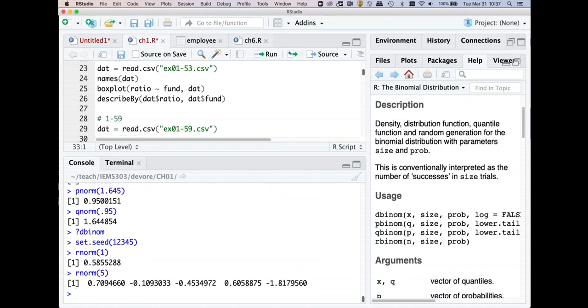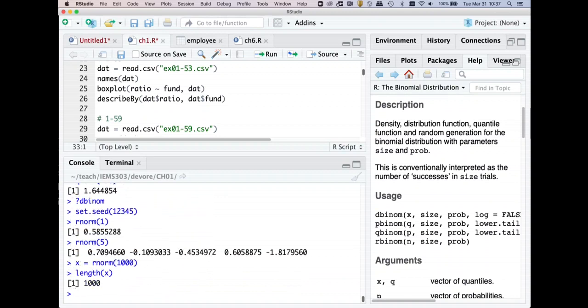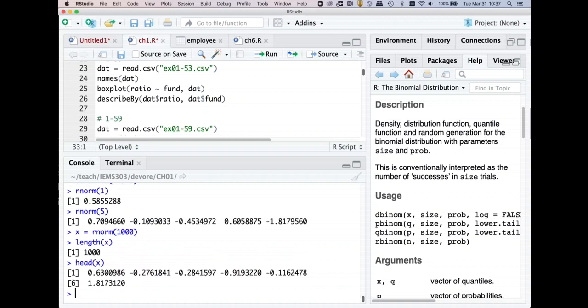So let's now generate many random variable values. Maybe I'll do 1,000, and I'm going to save those 1,000 values in a vector called x. If we do a length on x, it should be 1,000. If we do a head, you'll get to see the first 6 values. Now, just to convince ourselves that this is a normal random variable, let's make a histogram.